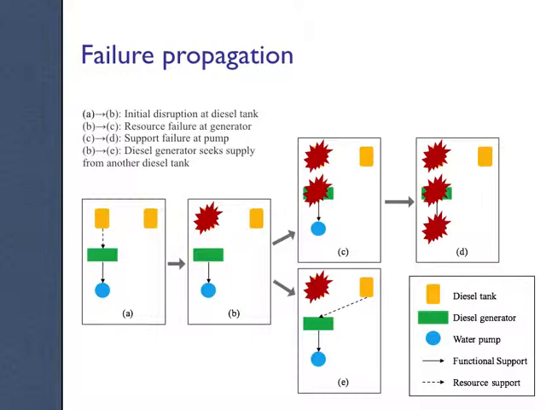It's essentially lost, right? And if the diesel generator is not working, it can't operate the pump, right? So then the pump's useless. That's the idea of failure propagation. We're not looking at each item individually failing on its own. We're looking at an initial failure starting, how that propagates throughout the system, and what functionality is lost as a result of that.